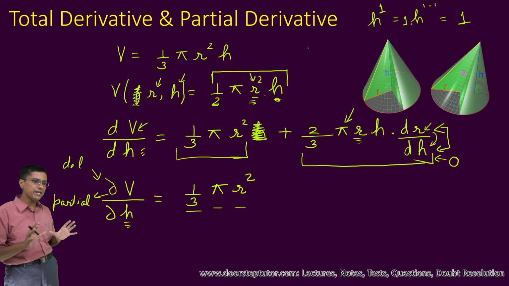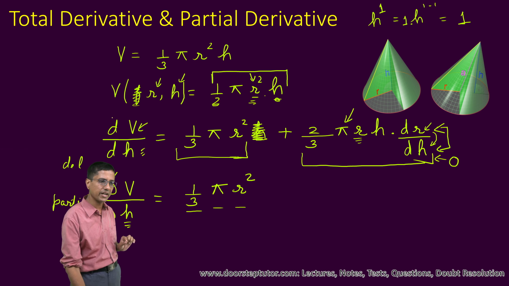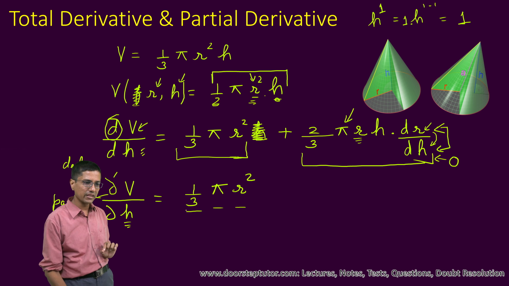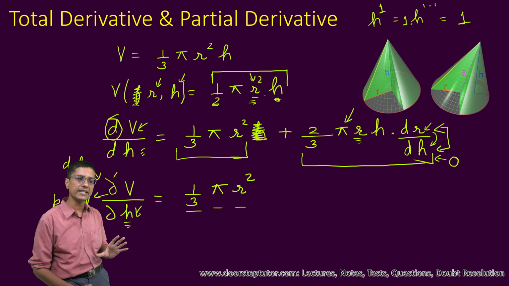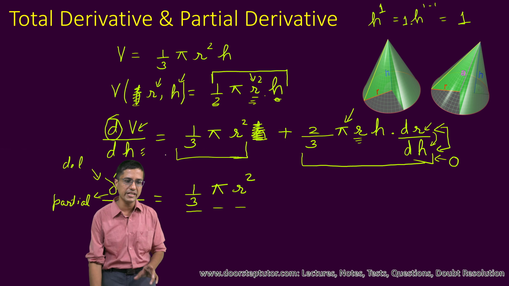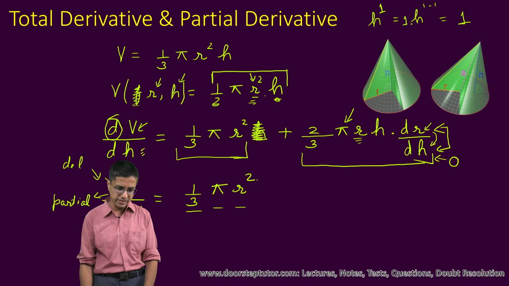We have to just make sure that this symbolism, this partial symbol, instead of writing just complete d, is to ensure that we understand that although v is a function of both r and h, we have assumed for 1 second, for the purposes of doing this differentiation, that r is not changing, it is constant, and that's why we replace this symbol d with delta. Okay? It's as simple as that.